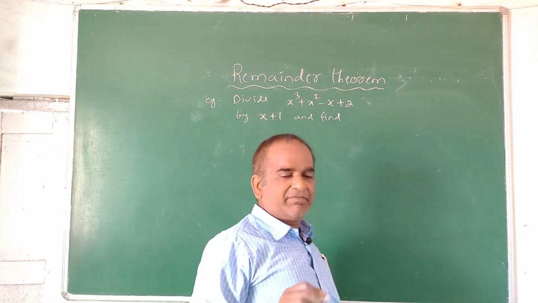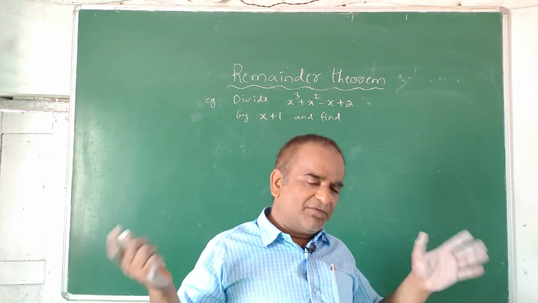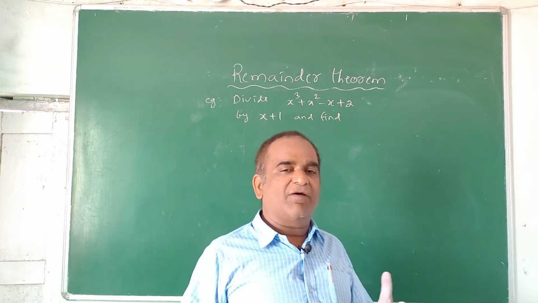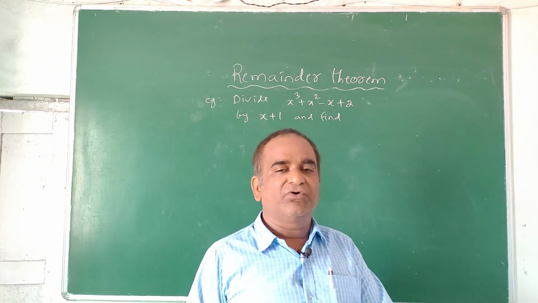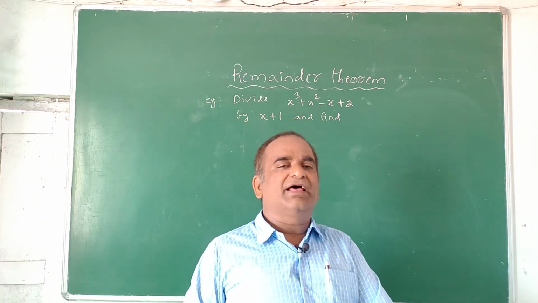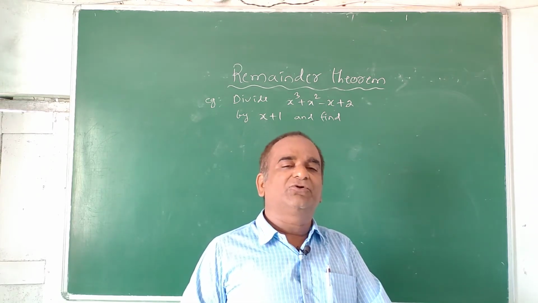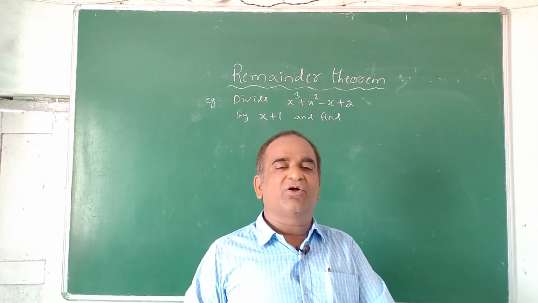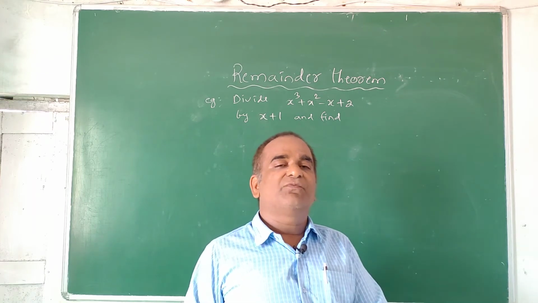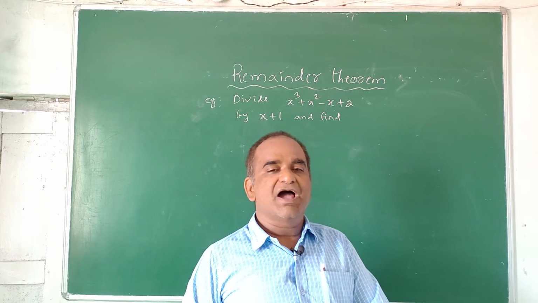Only one problem, only for our satisfaction purpose. Though we know we have proved the theorem, just we are checking with one problem. There is no wrong if we do so, but in future, only to find remainder when you are dividing a polynomial with a linear polynomial, it is not necessary to perform the actual division. Just go for calculation of p of a, that would be the remainder.